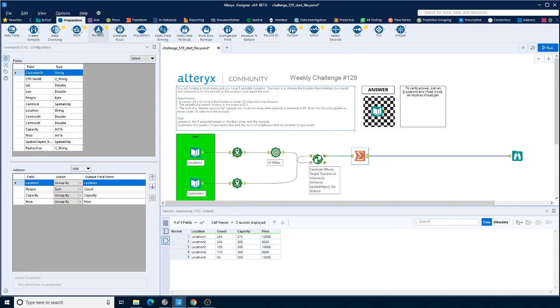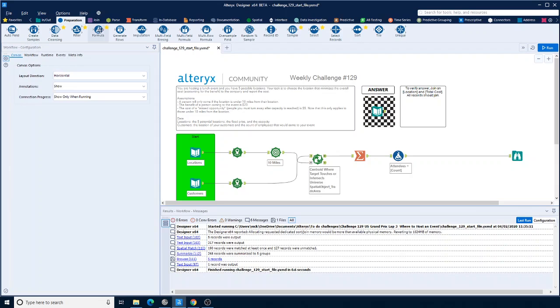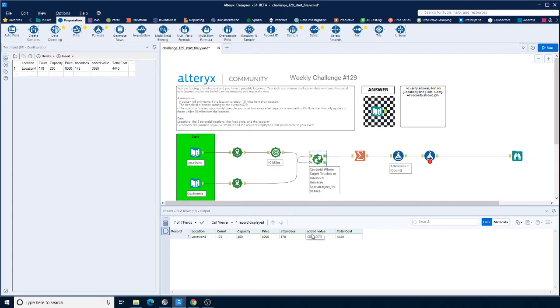So if we bring in a formula tool and create a new one and call it attendees, just bring in count and we make it an integer. There we go, so that's done, and then we bring in another formula which is, what do we want, added value. So this is the formula of $20 per person, I'm guessing.